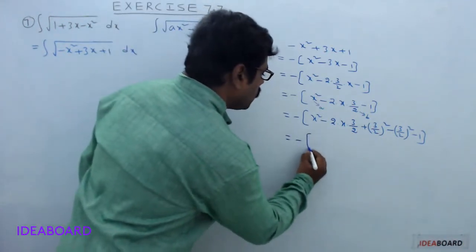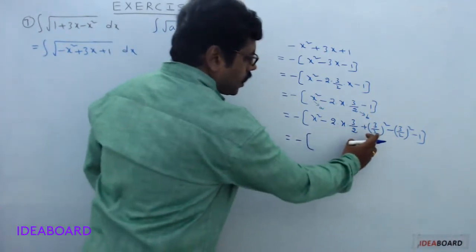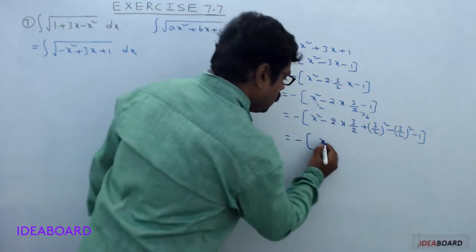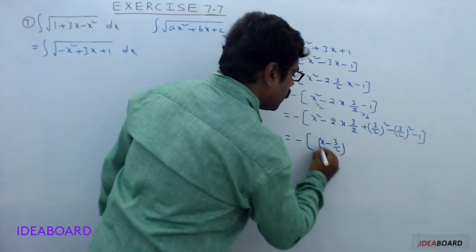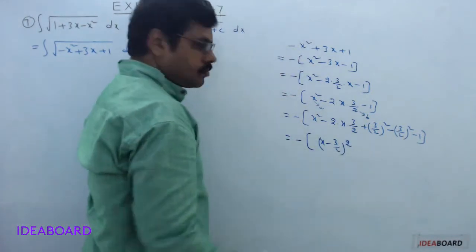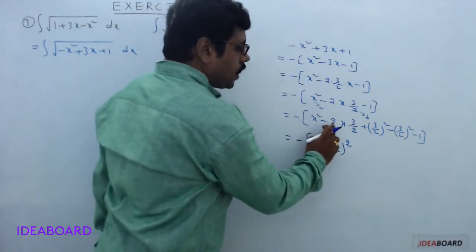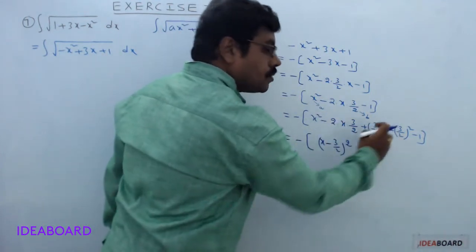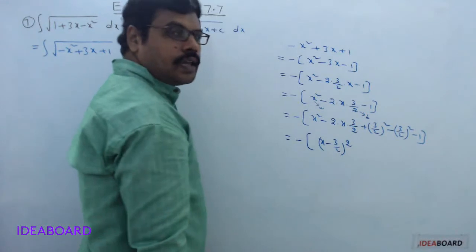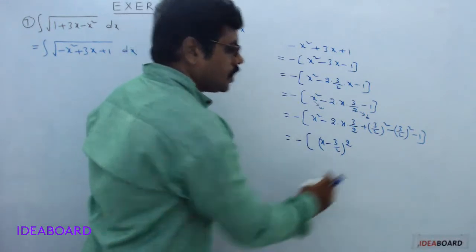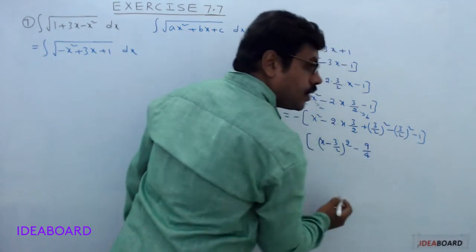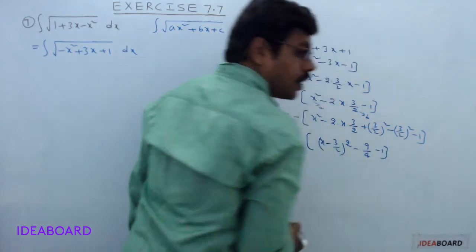Now this is minus of the combination of these three terms can be taken as x minus 3 by 2 whole square. A square minus 2ab plus b square. So these three terms can be written as x minus 3 by 2 whole square minus 3 by 2 whole square 9 by 4 minus 1.